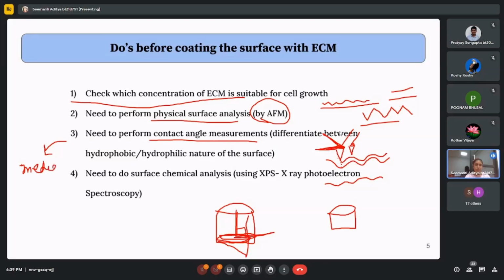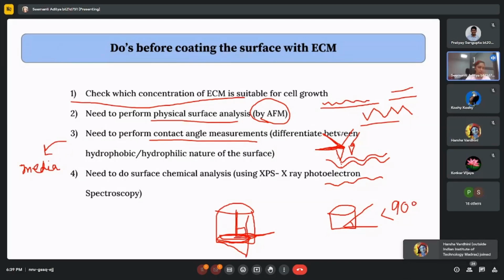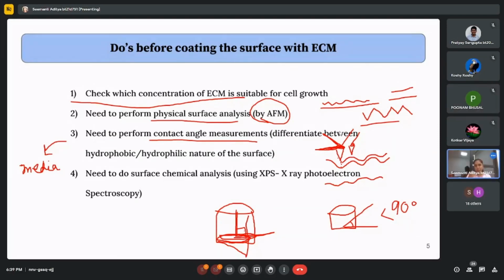If it is properly spread around, then the contact angle will decrease from 90 degrees to less than 90 degrees. If it is not properly spread, the angle will be around 90 degrees. So if it is properly spread, it will be less than 90 degrees. Better cell adhesion will be achieved when the ECM is properly spread.